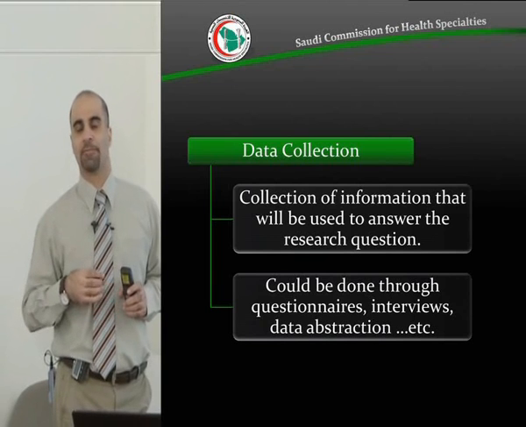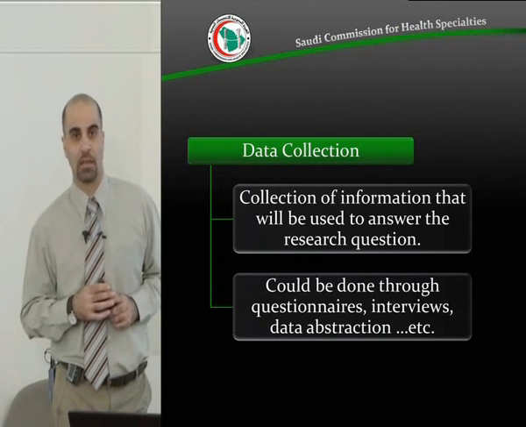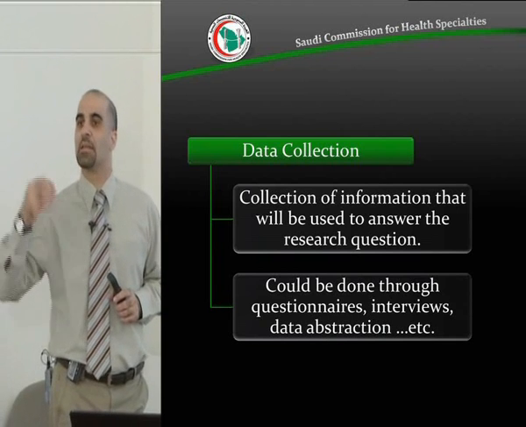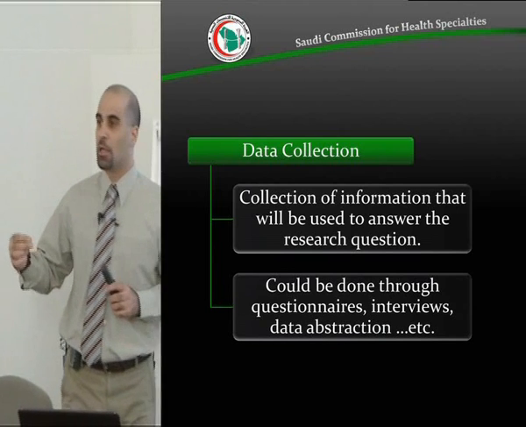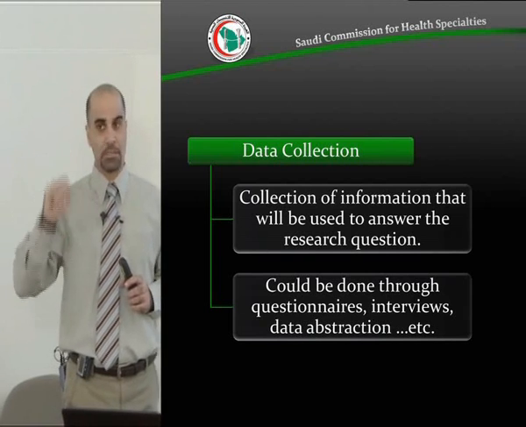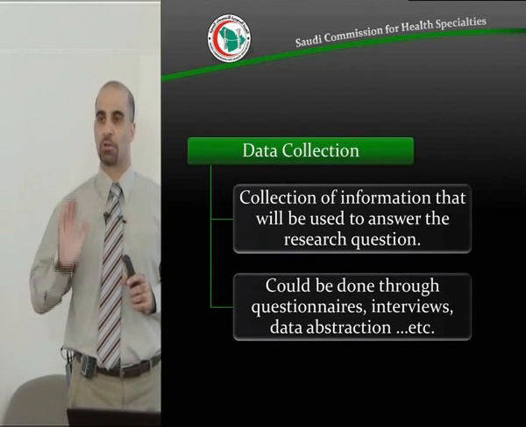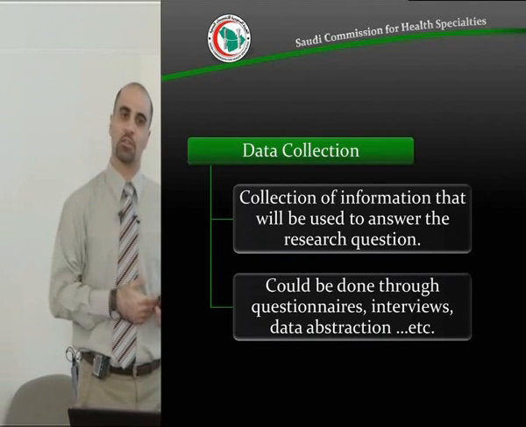For example, we have the GDS, the geriatric depression scale. It is used to assess depression among geriatric or senior people. There's a specific scale with maybe 20 questions. It has been used, it has been validated, it has been confirmed. So you can use it, but you might have to translate it to Arabic.